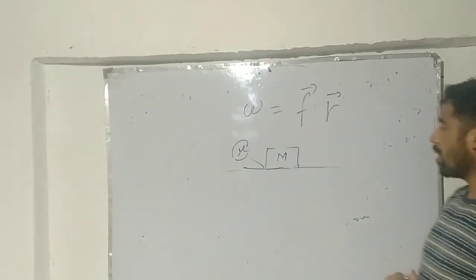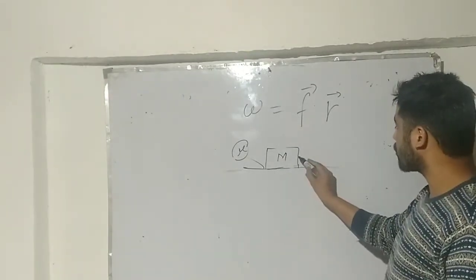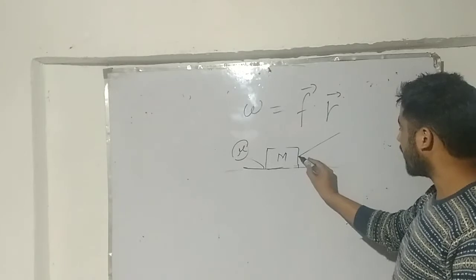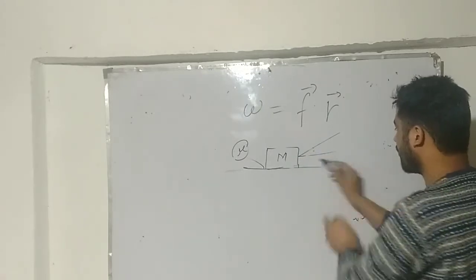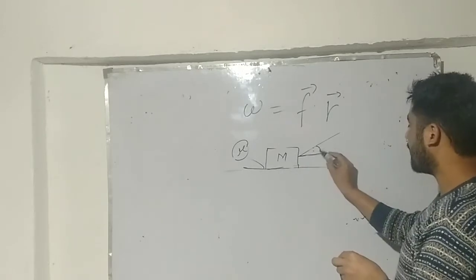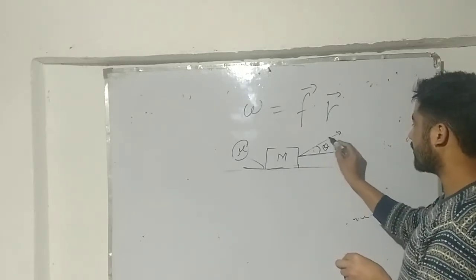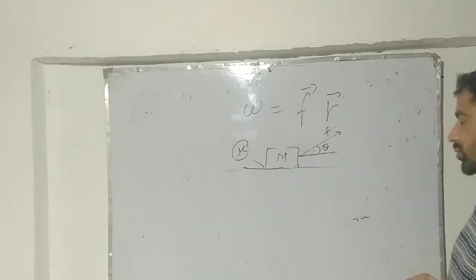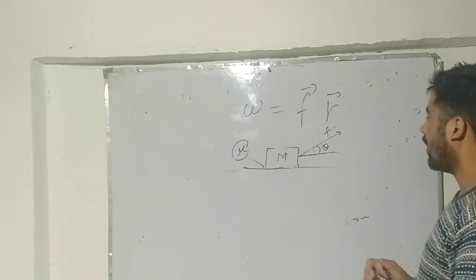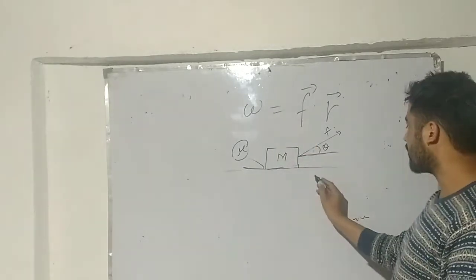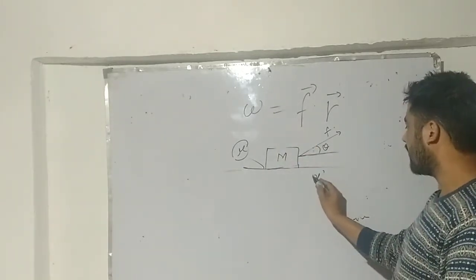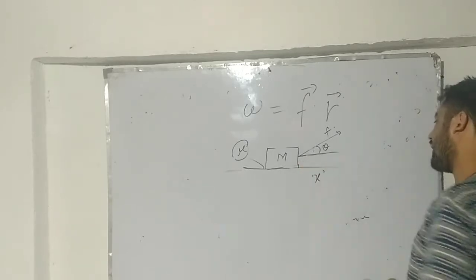Furthermore, we apply some force to this block at an angle theta relative to the horizontal direction. This is my horizontal axis, it makes an angle of theta to it, and this is my direction of applied force. The block moves and covers a distance of x.